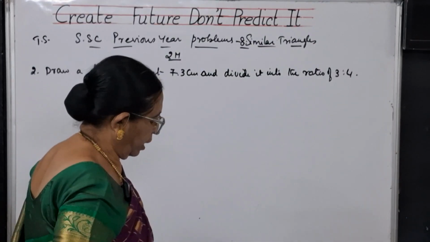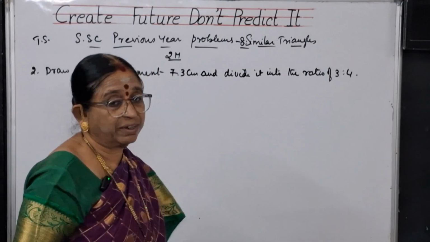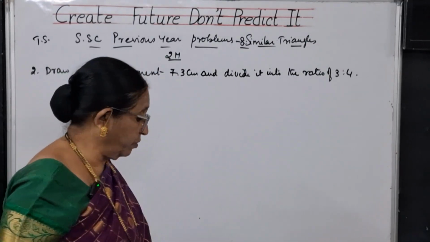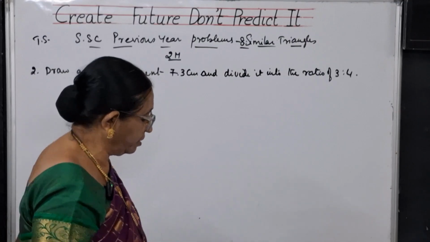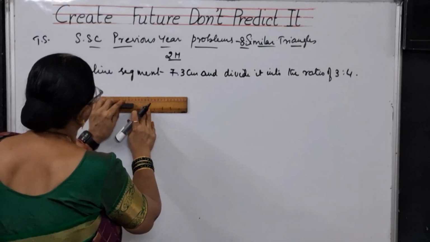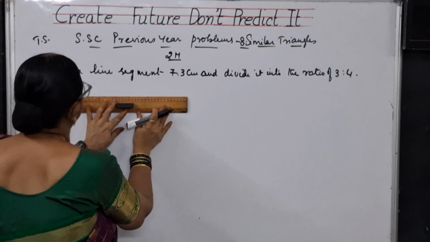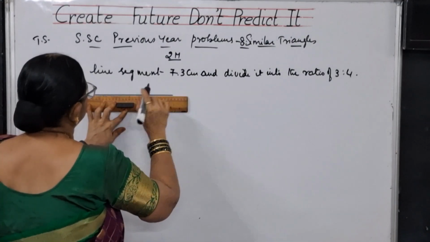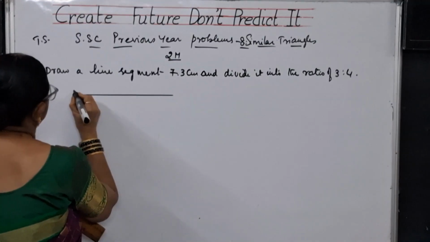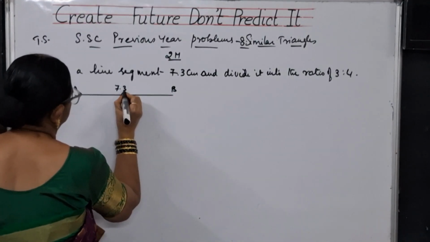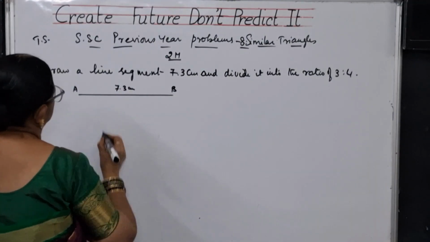So I'll try my level best to do this construction by using the instruments. But of course 7.3 centimeters line segment exactly I cannot do. So I'm just drawing one line segment. Let me name it as A and B. Let us suppose that this is 7.3 centimeters.